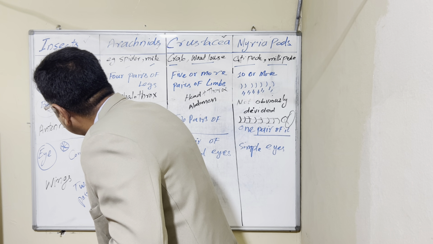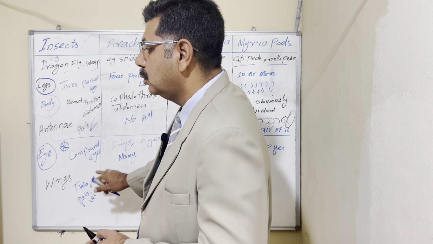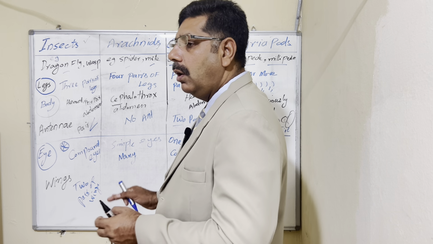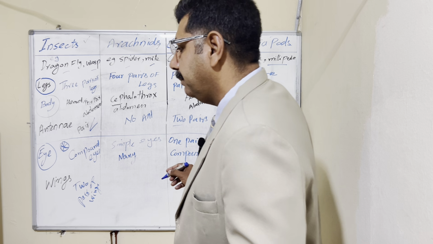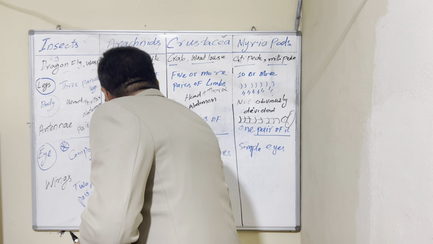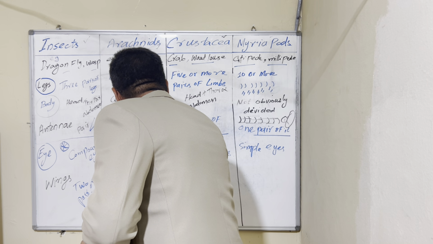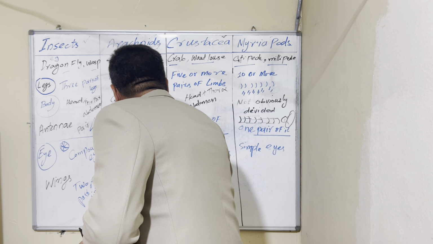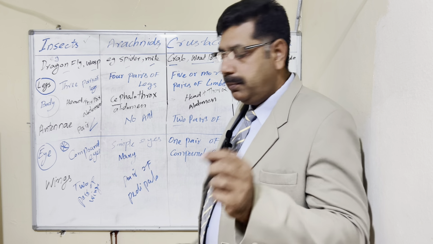And about the wings, insects have two pairs of wings to fly, or just for the protection of the body also. In arachnids, the pair of pedipalps are adapted for biting and poisoning.